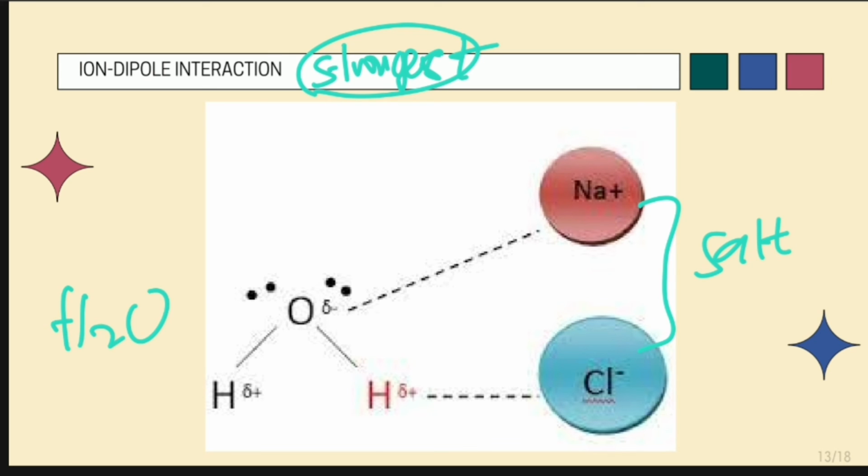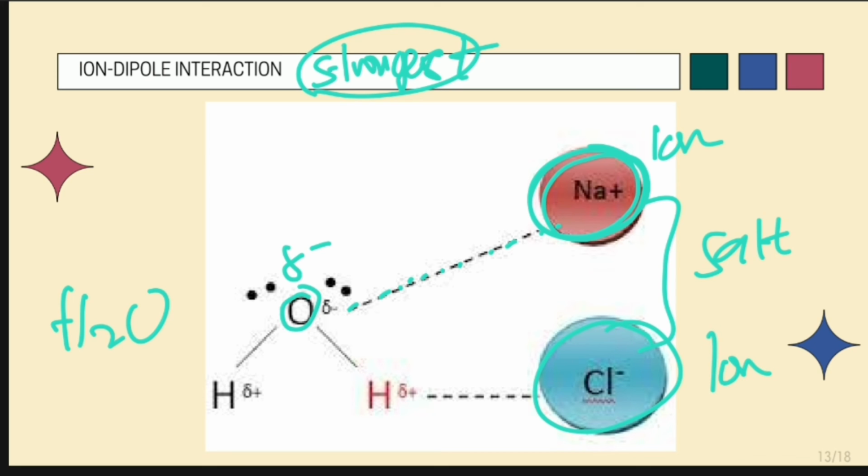Now, ang nangyayari kapag nagdi-dissolve ka ng salt sa water, ay yung Na ion natin, ina-attract ni oxygen, which is slightly negative to itself, and the Cl ion that is negatively charged.